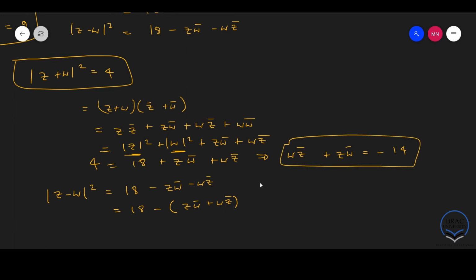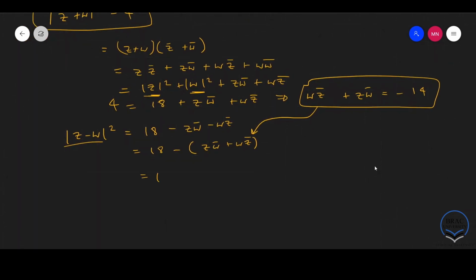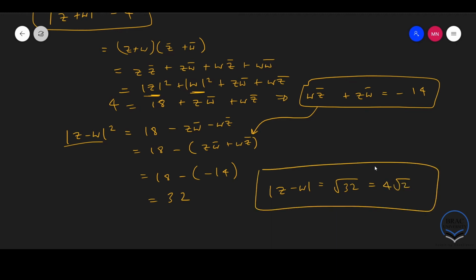So I can now just substitute this here for the magnitude of z minus w squared. So I have 18 minus minus 14. This gives us 32, right? So if I take the square root of both sides, the magnitude of z minus w will be equal to the square root of 32, which is 4 root 2. So this is my answer.